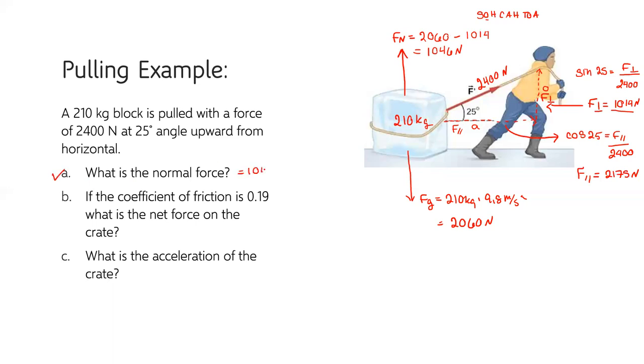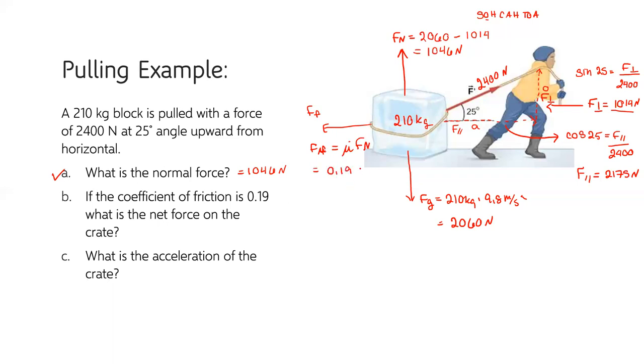So 1046 newtons. The next one, it says we want to figure out friction. So the force of friction is in the other direction. Force of friction is mu Fn. So that's going to be equal to 0.19.